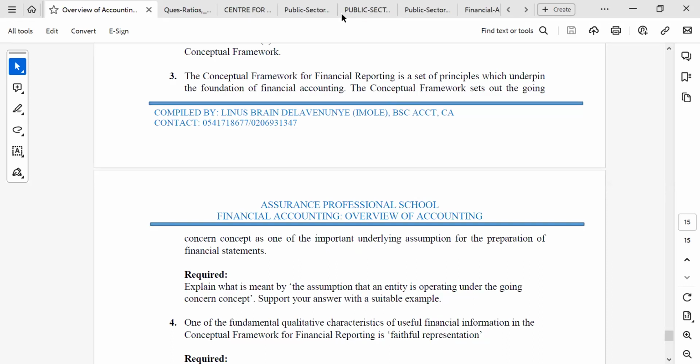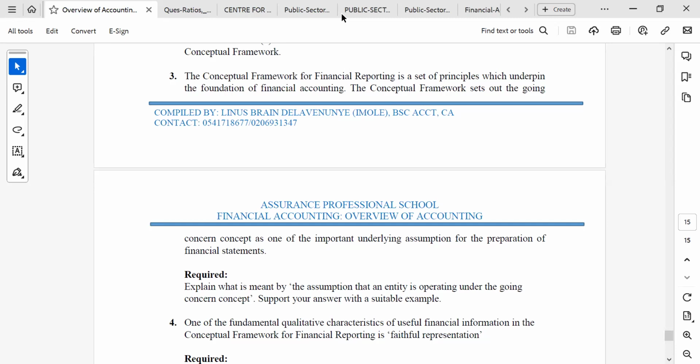Now, Mike, the entity is operating under the going concern concept. What is meant by the assumption that the entity is operating under the going concern concept? Okay.